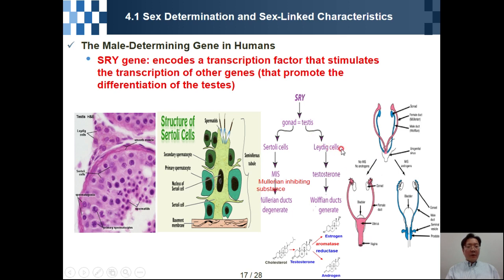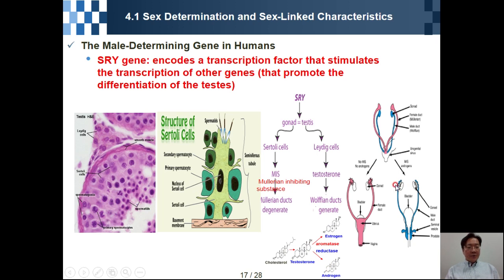How about the Leydig cell? The SRY gene can activate the Leydig cell. After that, this Leydig cell makes testosterone, and usually the testosterone can be changed to androgen. After that, androgen can make the Wolffian duct generation.